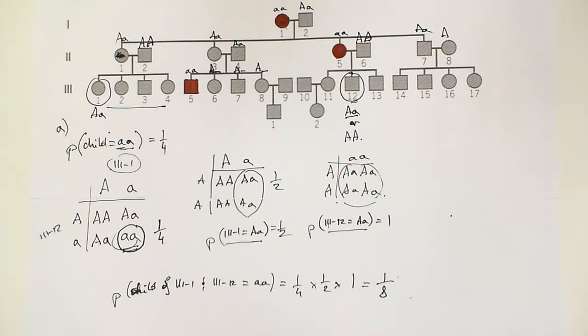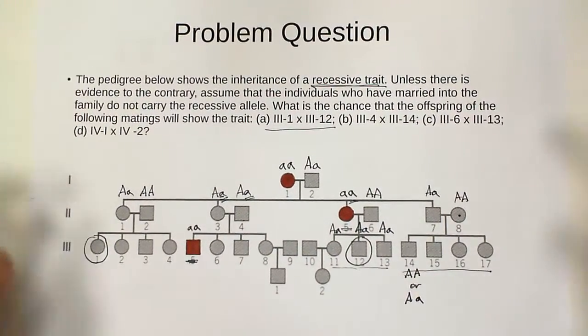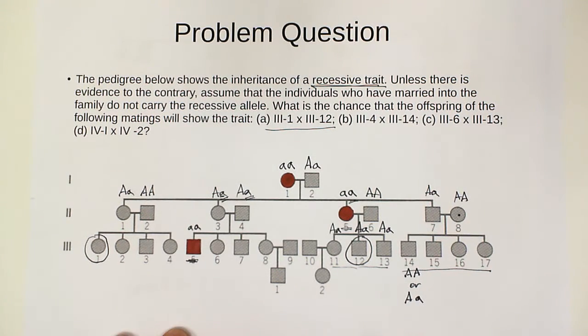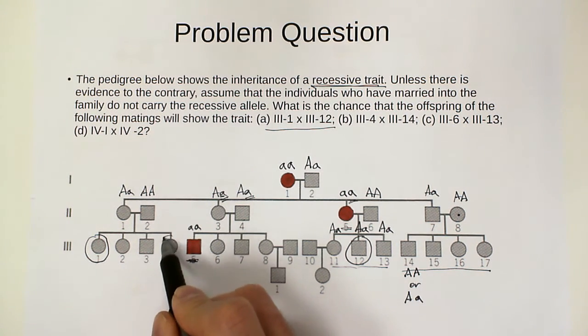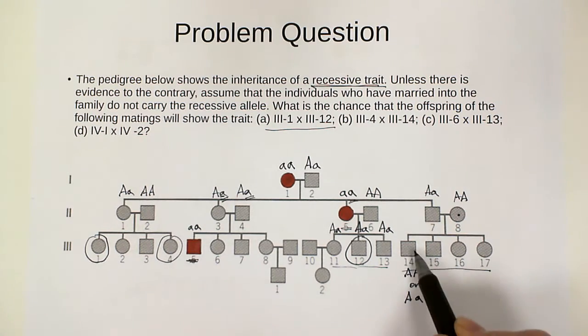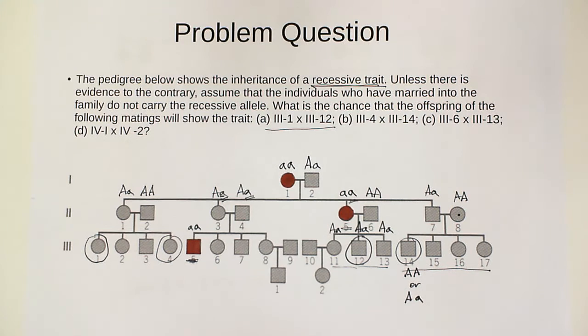Okay, so the next problem, problem B. So in problem B, again, we're looking at individual 3-4 and individual 3-14. You basically would solve it the same way. It's the same basic idea.